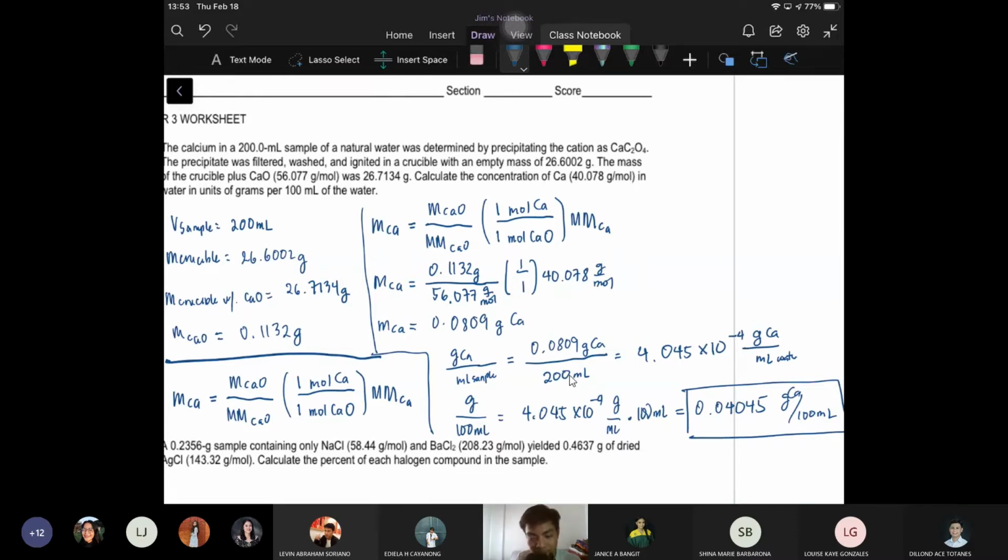In our case, 100 ml. Kung hinahanap naman ay percent weight, no? So, ibig sabihin yan, you divide the mass of your analyte by the mass of your sample. Okay? So, in our case, wala tayong mass ng sample kasi liquid to eh. Okay? So, wala tayong value for that. Okay? So, ganun. Tatlo lang yung typical na hinahanap dyan.